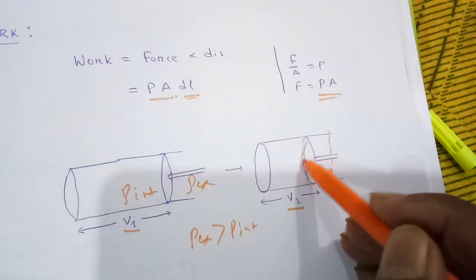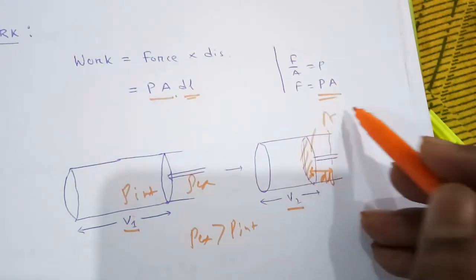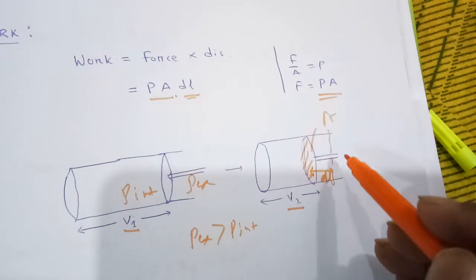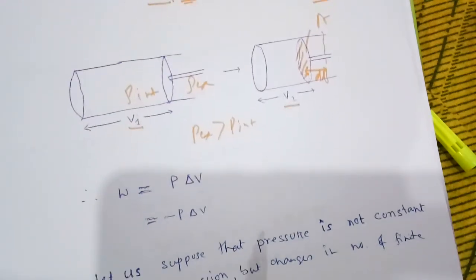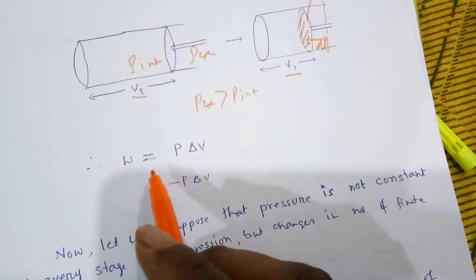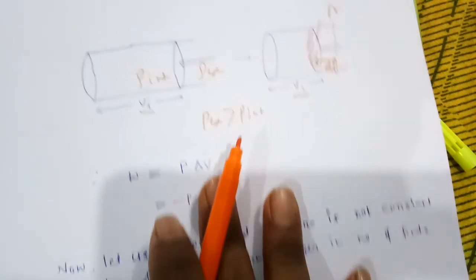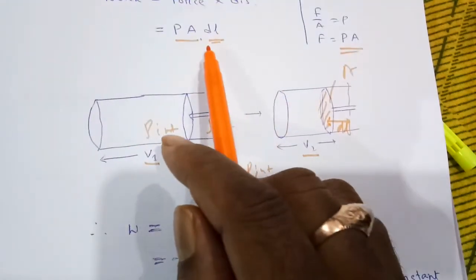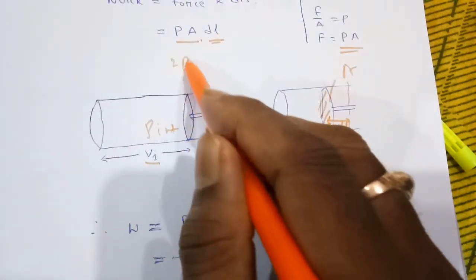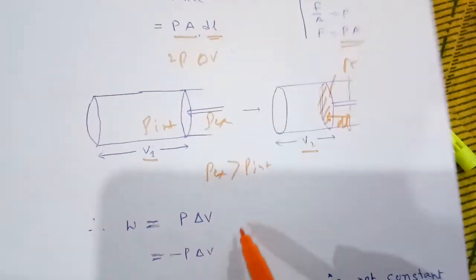This is its area of cross section A. A into dl, that much volume it shrinks. Now work done equals P into del V, because A into dl is the change in volume.